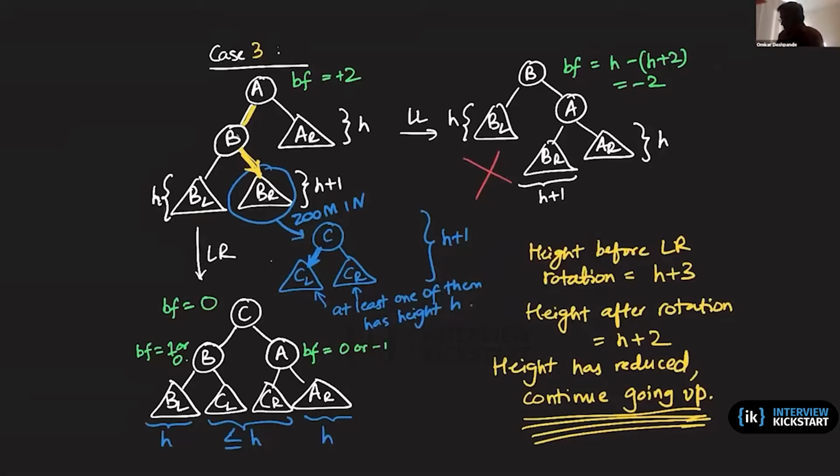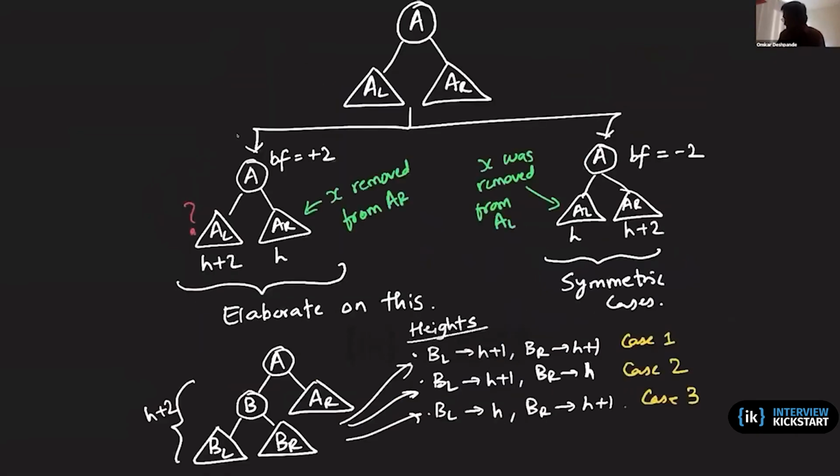So let's see case 2. What was case 2? Case 2 was when the height of the left subtree here is h plus 1.